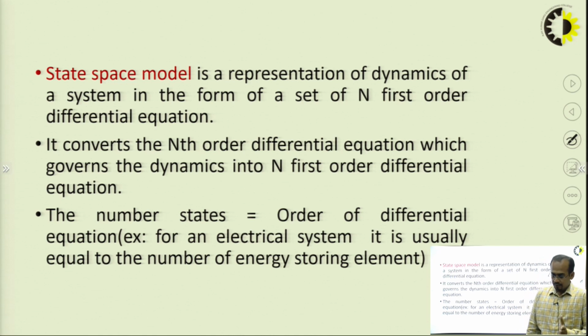So if the differential equation is given to you, how can you identify the number of states available in the given system? The number of states will be equal to the order of the differential equation. If I am talking about an electrical system, then the number of energy storing elements will give the information about the number of states.